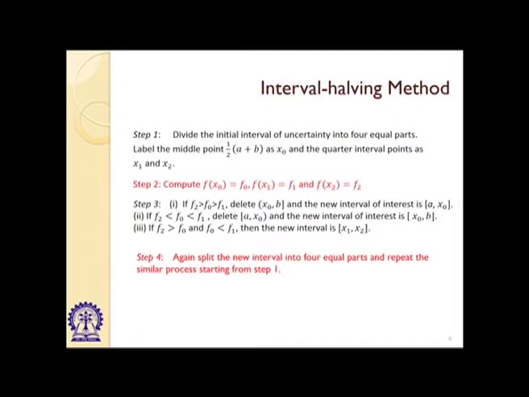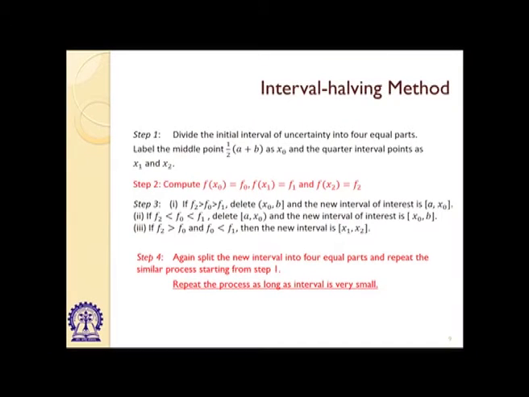After that, what will we do? Once we get the new interval of uncertainty, we consider it as the initial interval of uncertainty and repeat the process. We will again find the 4 parts of the interval, find the new x0, new x1, new x2, and repeat the process again and again. And how long will we do this?